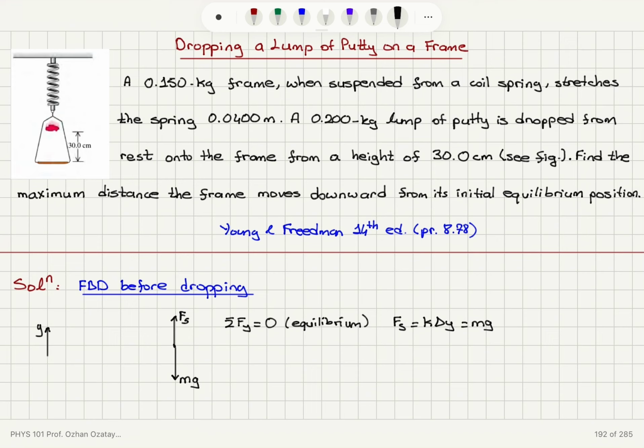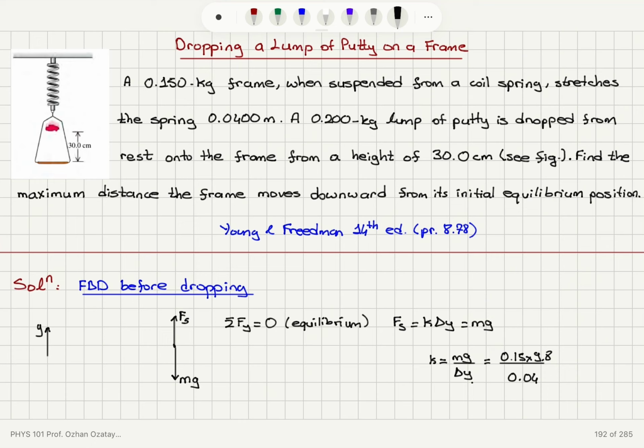We can see that k, the spring constant, will be the ratio of the weight to the stretch in this equilibrium position. So the weight of the frame is 0.15 kilograms times 9.8 meters per second squared, divided by the equilibrium stretch 0.04 meters.